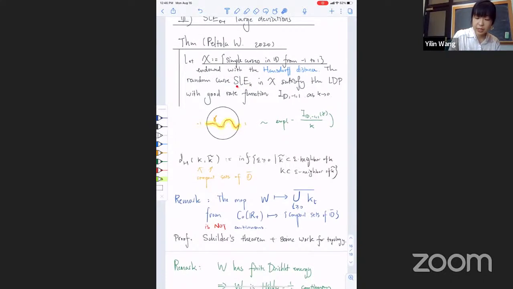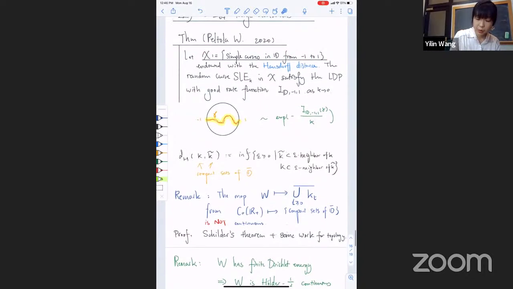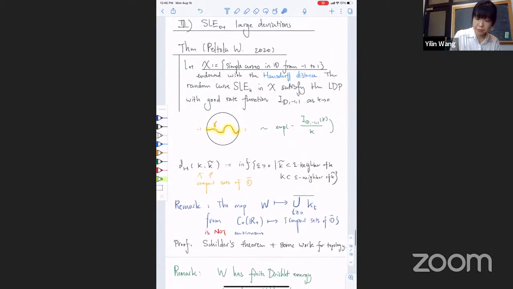The random curve SLE kappa will be a random element in this space for small kappa. We're looking at the kappa equal to 0 behavior. So it satisfies a large deviation principle with good rate function, the Loewner energy of the curve.